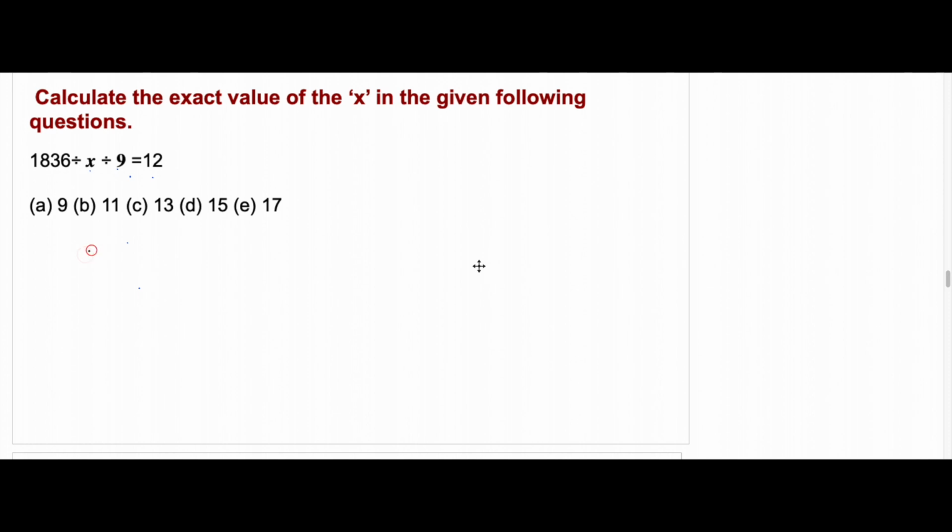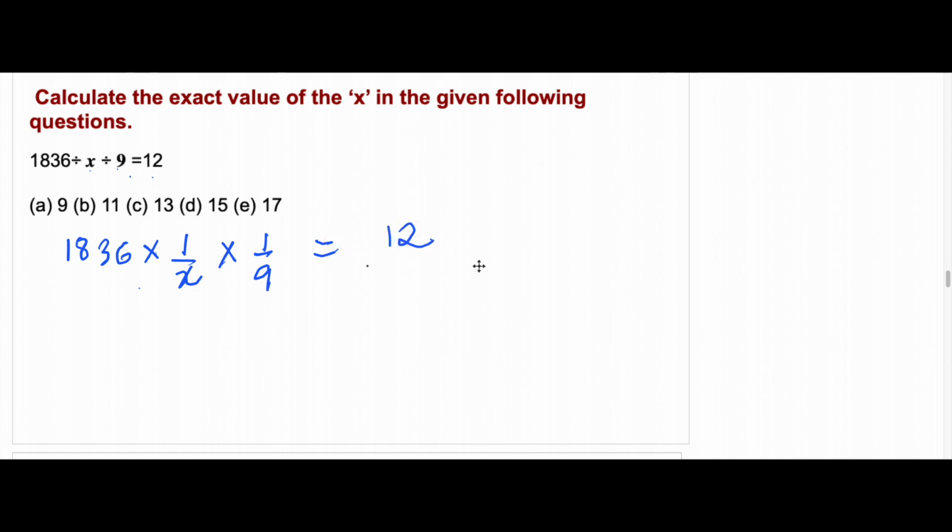1836 divided by x divided by 9. Okay. So 1836 into 1 by x into 1 by 9 is equal to 12. Okay.